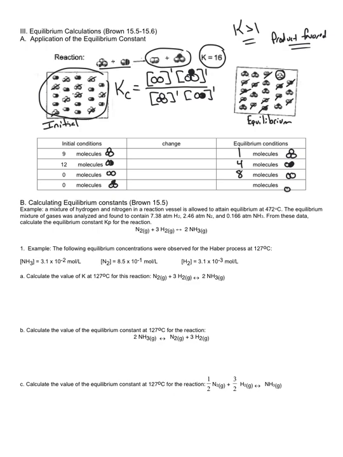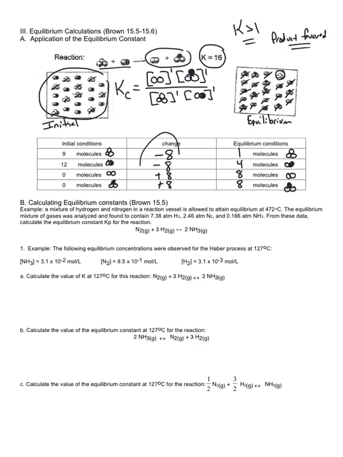And then lastly, the other molecules: 1, 2, 3, 4, 5, 6, 7, 8. Looks like everybody's accounted for. So the change was to go from 9 to 1; this one decreased by 8 molecules. The second one went from 12 to 4. It too decreased by 8. The products both went from 0 to 8, so they increased by 8.